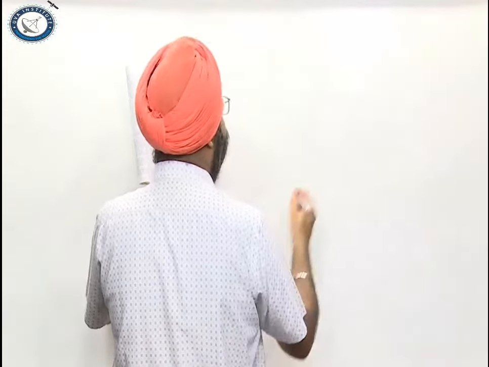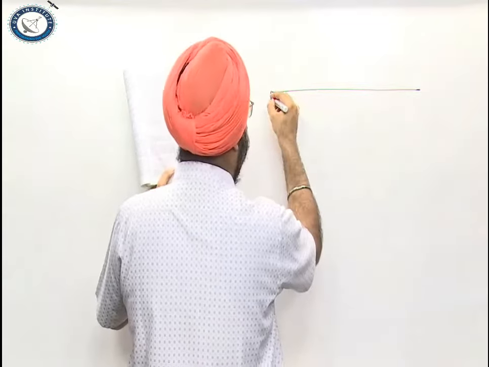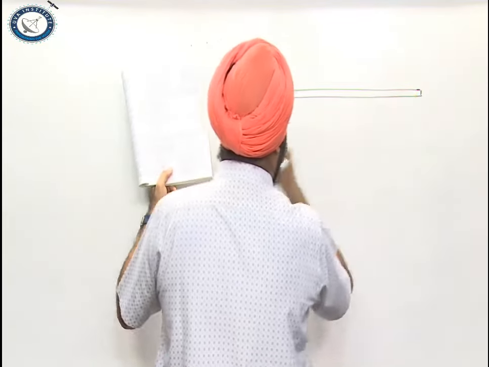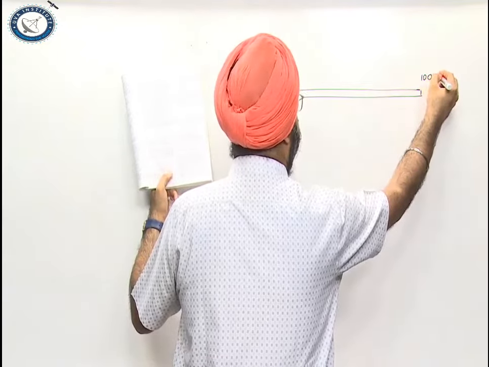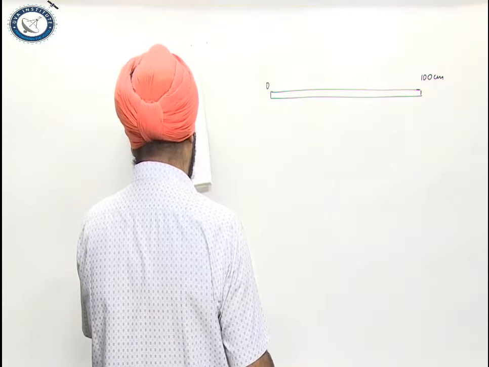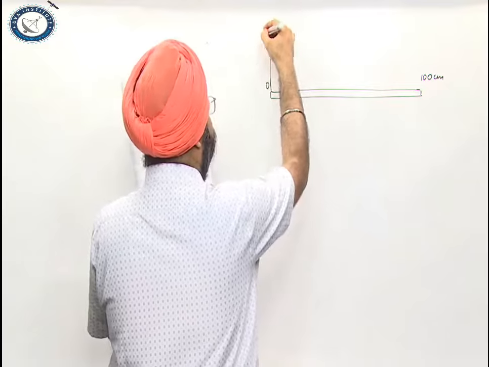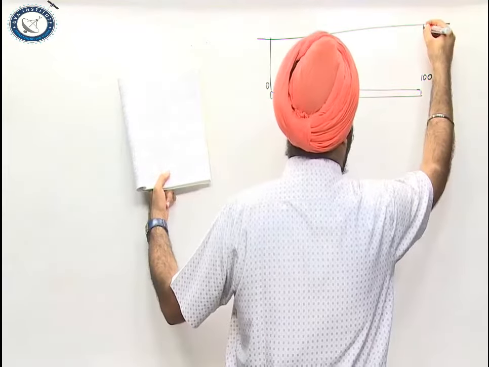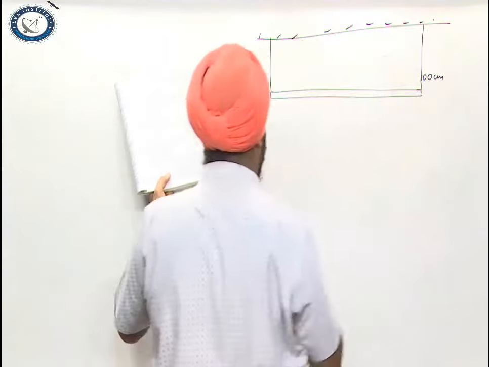A uniform meter stick, from 0 to 1 meter, that means 100 centimeters, of mass 200 gram is suspended from the ceiling by 2 vertical strings of equal length fixed at both the ends.